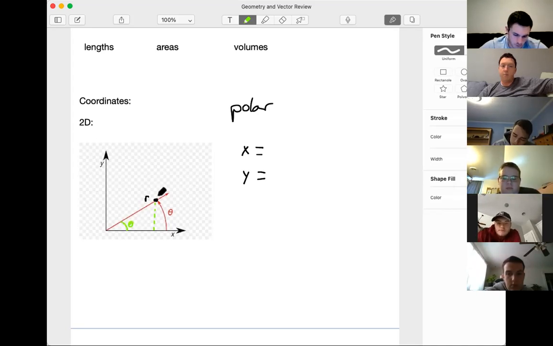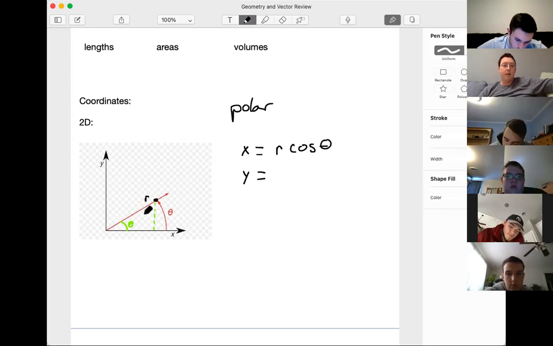The angle for the point is the angle on the triangle, so you use trigonometry. The X coordinate is going to be r cosine theta, and the Y coordinate is going to be r sine theta.